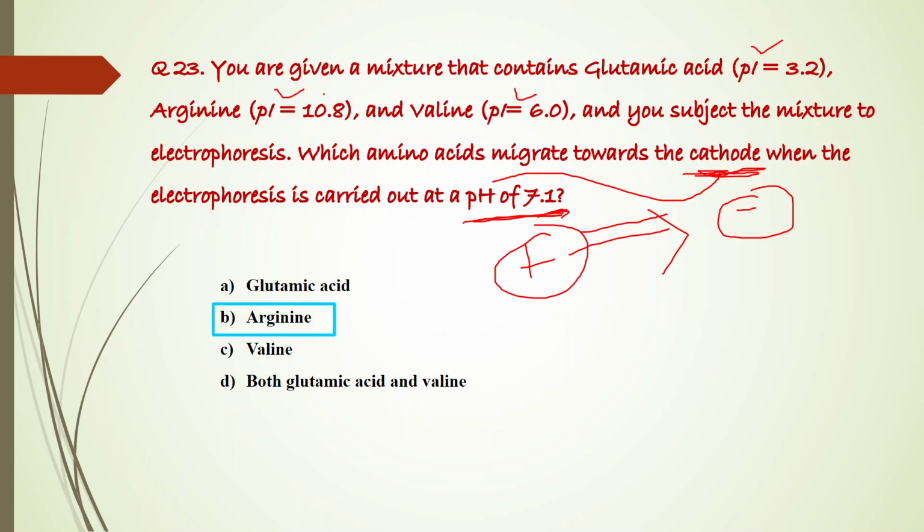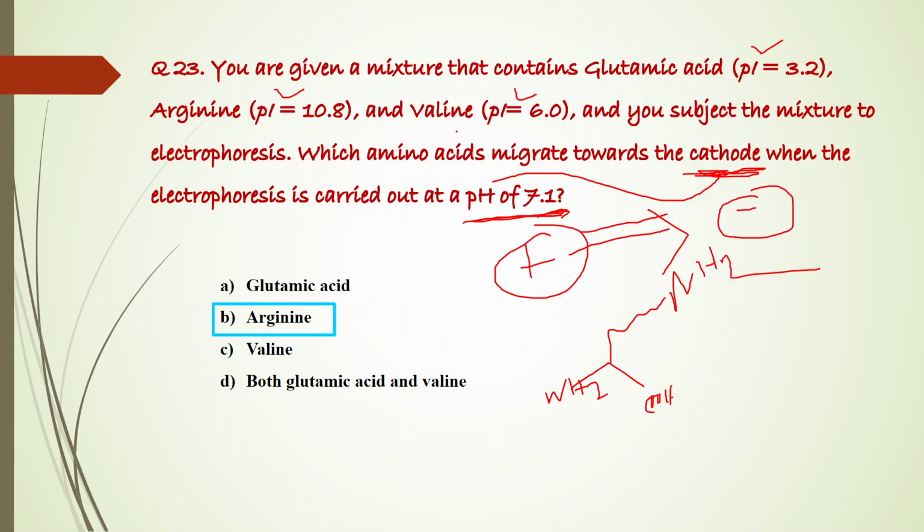If the pH is less than the pI, in what state will it remain? In arginine's structure there is one NH2 group, one COOH group, and in the side chain you have another amine group.